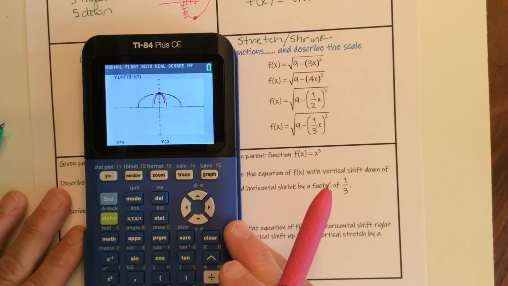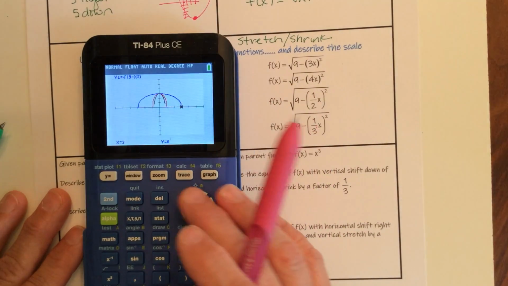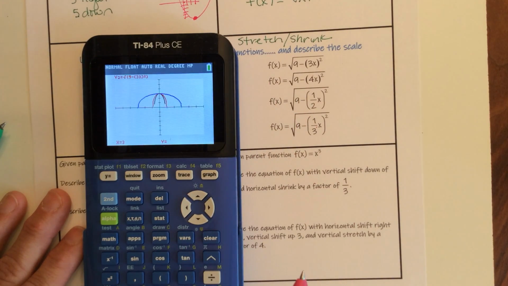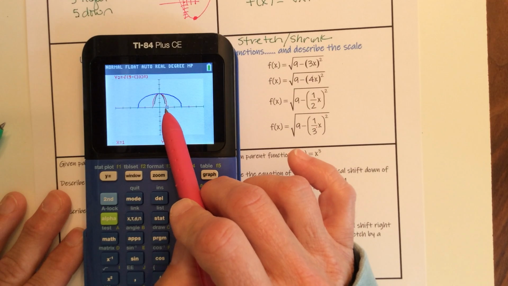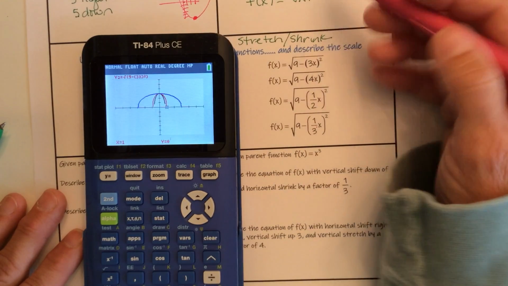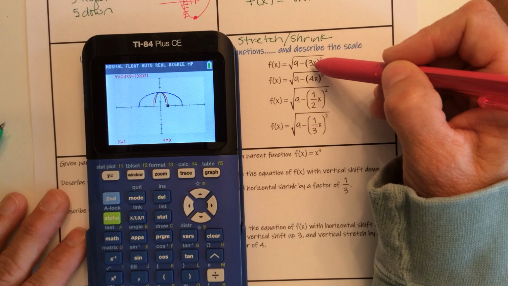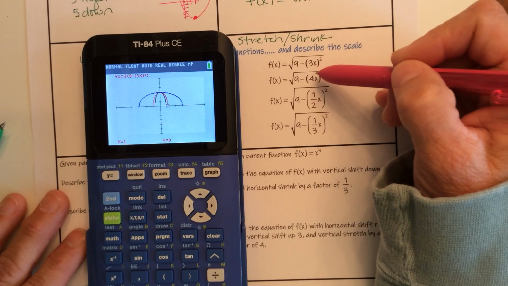So I'm going to trace 3, or it doesn't matter, I can use that one. And then if I want to see what happens with 1, you'll see how the blue value, or the point at 3, went to the point at 1. And it's because the x values are multiplied by a factor of actually 1/3, not 3.